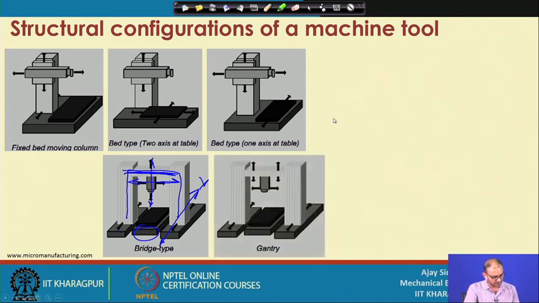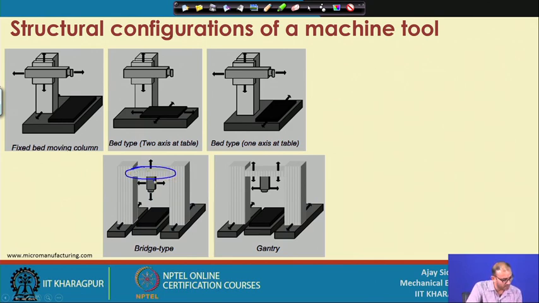And this one is the gantry type. Here still there is no movement on the workpiece side. It is almost the same, you can see that the y axis is the same as the bridge type, but in the bridge type, the bridge was the fixed one.